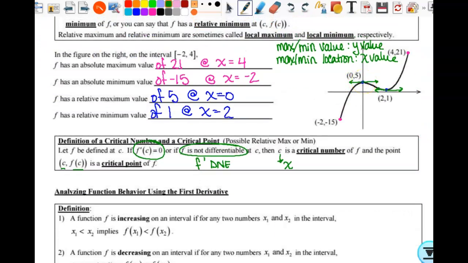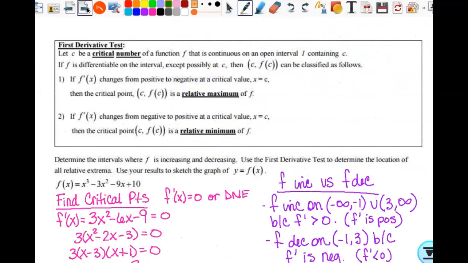This is a maximum because my f prime changed from what to what? Positive to negative. And that makes it a maximum. If it changes from negative to positive, that makes it a minimum. Or you can think of f increasing to decreasing, that makes it a maximum, and decreasing to increasing, that makes it a minimum. Works both ways. So we know it's a maximum or a minimum, so it makes it a critical point. We have to figure out which is which.